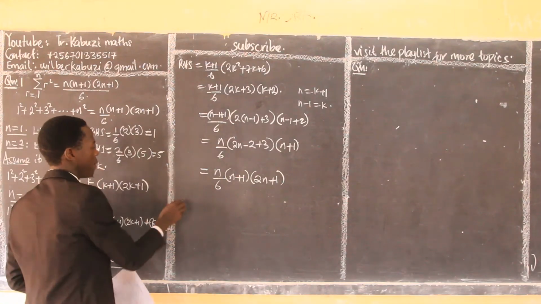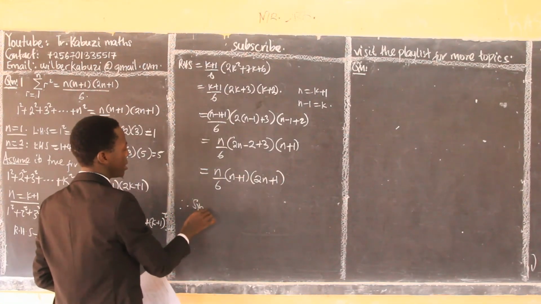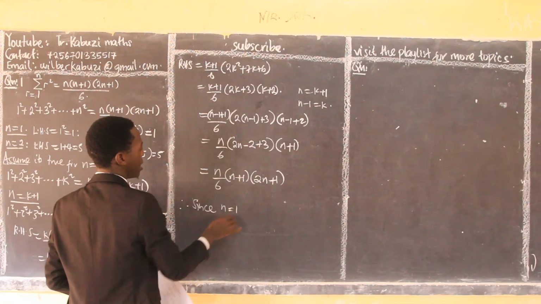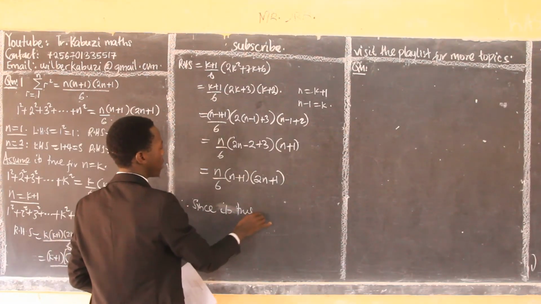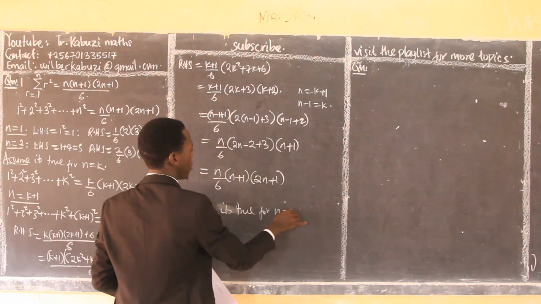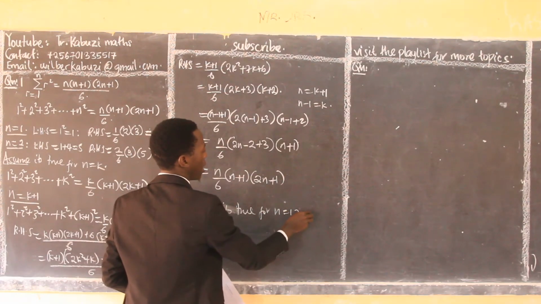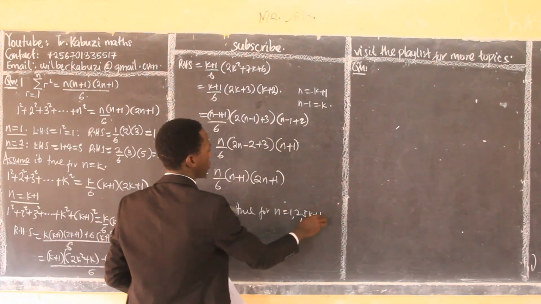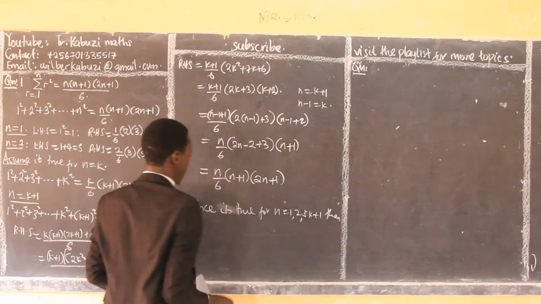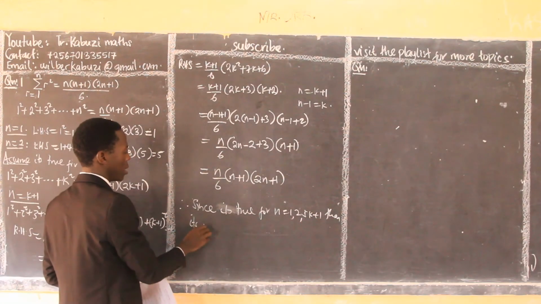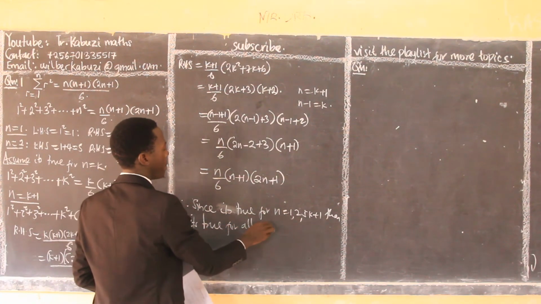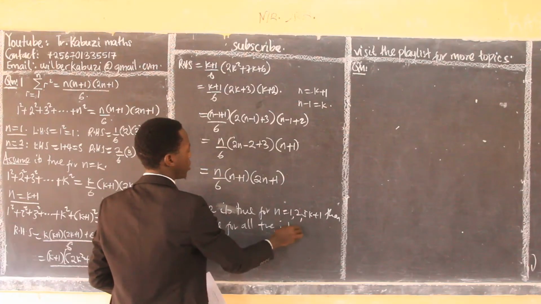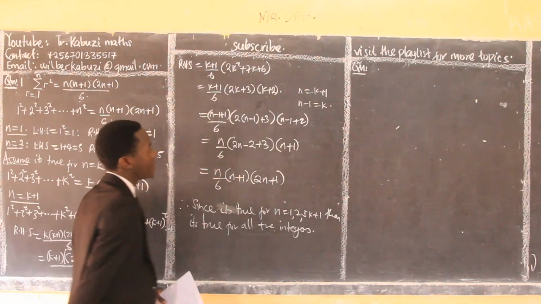Then you conclude that therefore, since it's true for n equals 1, and k plus 1, it's true for all positive integers. As simple as that.